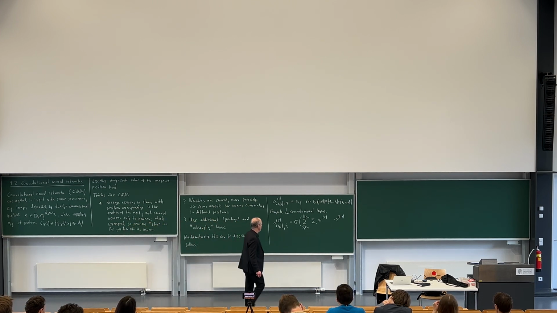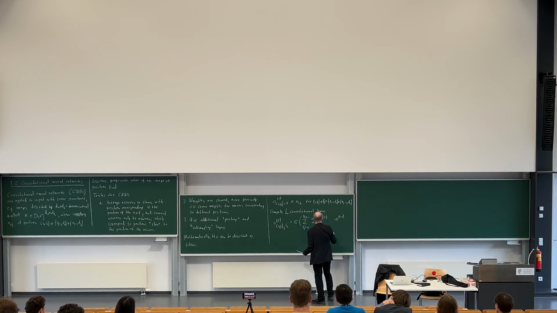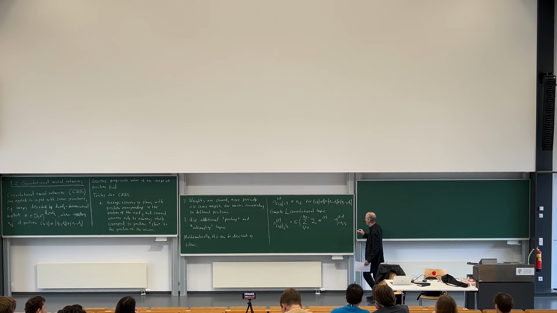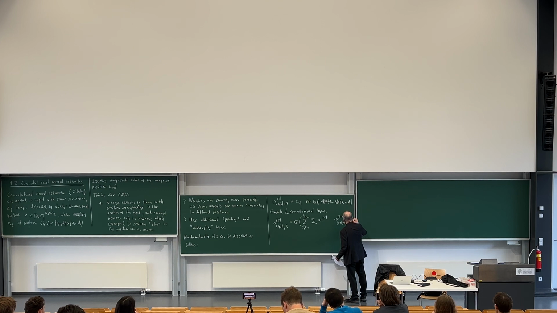So I do this in a way that I just add to my position some offsets. So I'm making here an offset T1 minus 1, and I add an offset to J, T2 minus 1.